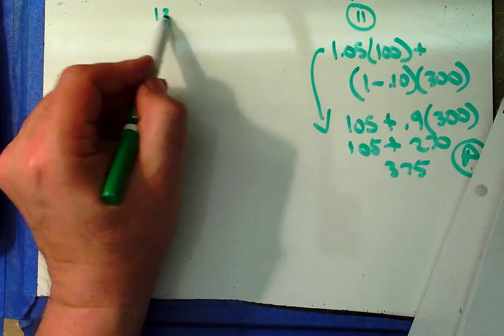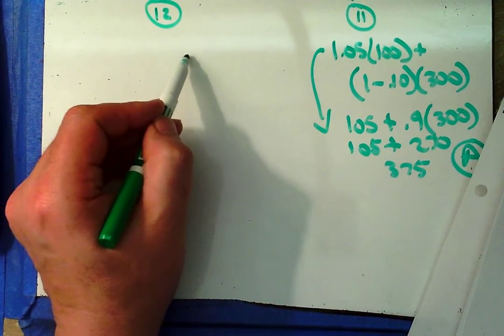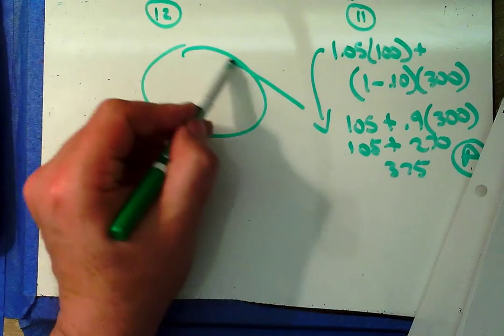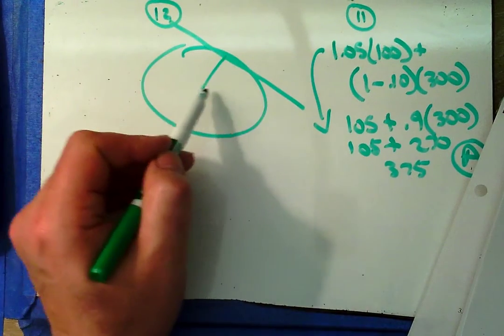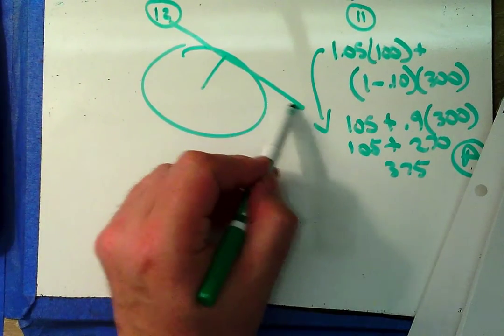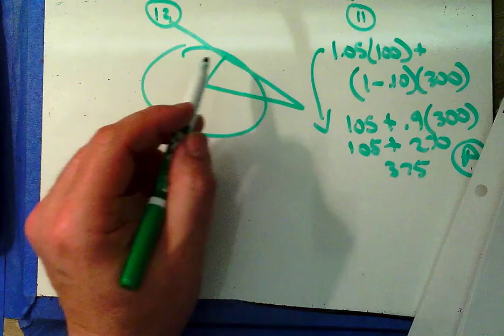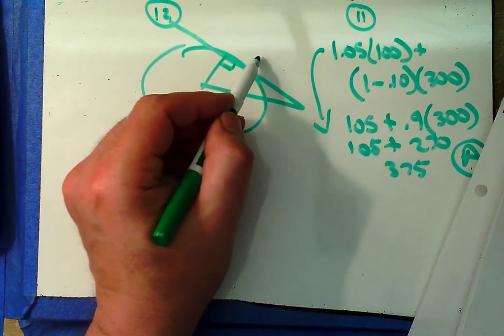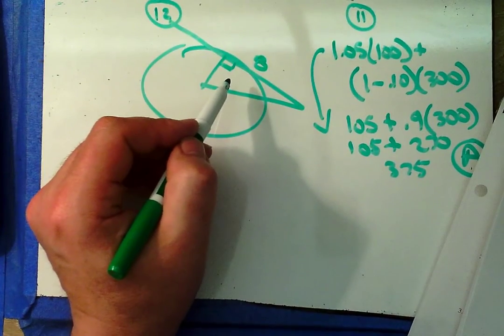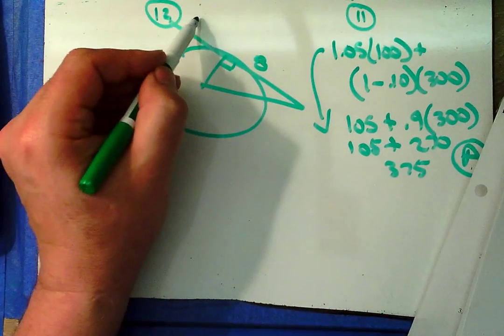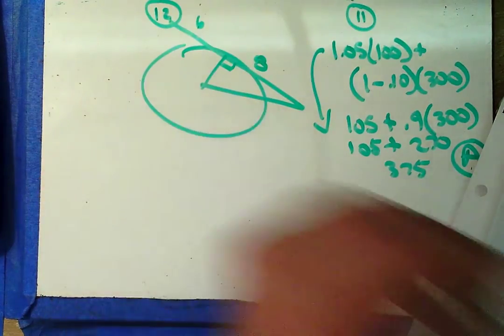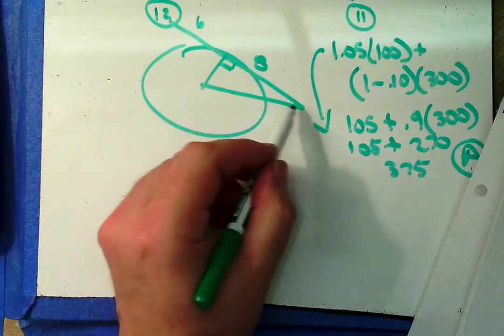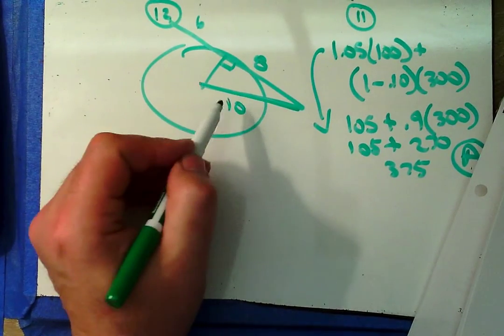Okay, so with number 12, it's important to remember that this is really a Pythagorean theorem problem. We're told that CT is 8. We're told that AT over here is 6. I don't really need that piece of information, but I do know that CO is 10.